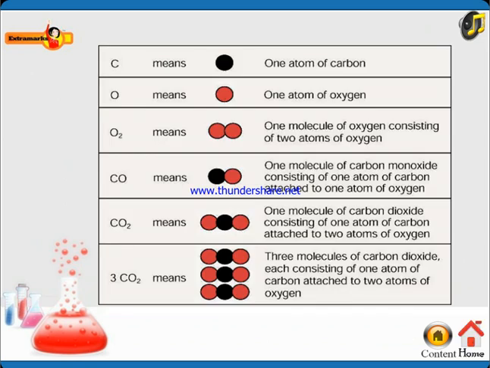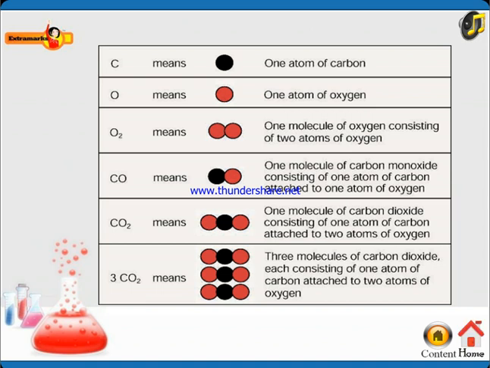Let us understand by this example. C means 1 atom of carbon. O means 1 atom of oxygen. O2 means 1 molecule of oxygen consisting of 2 atoms of oxygen. CO means 1 molecule of carbon monoxide consisting of 1 atom of carbon attached to 1 atom of oxygen.